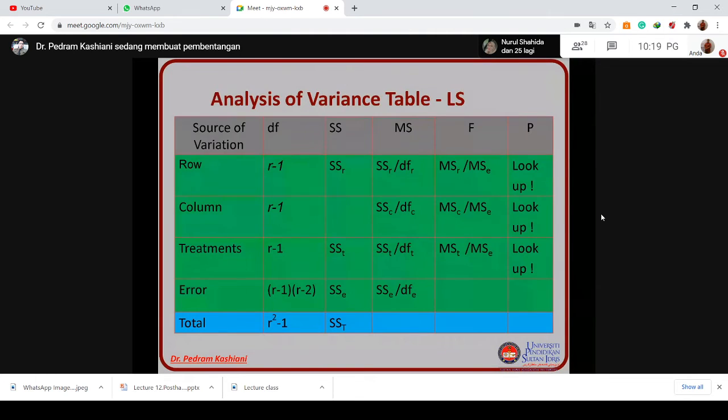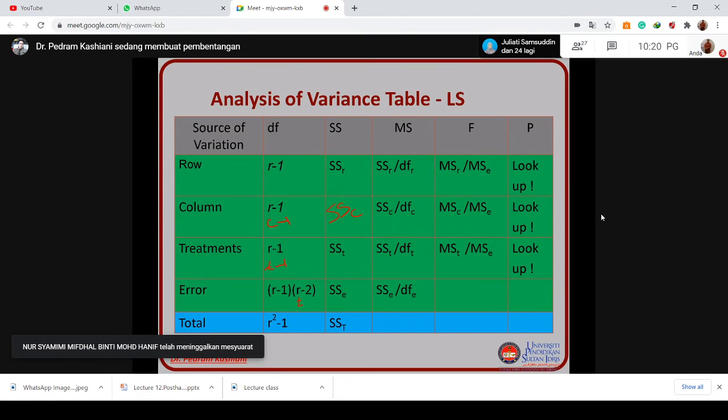Okay, this one, why didn't I put SSC here? It's okay, this is SSC. So the analysis of variance, I showed you, you have F: row divided by error, I check; column divided by error, I check; treatment divided by error, I check. I use R minus 1 for R, but you can say this one is C minus 1, this one is T minus 1, this one is R minus 1, and error is R minus 1 times R minus 2.